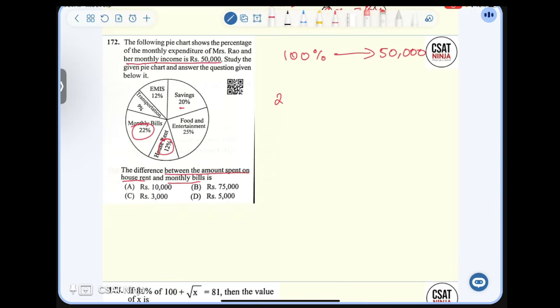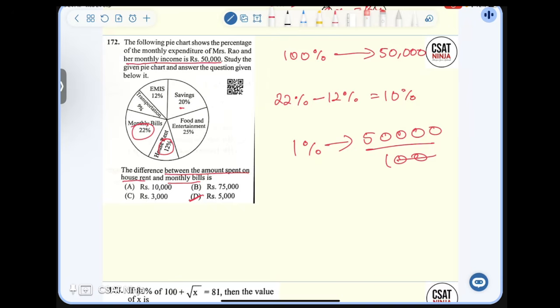So 22% minus 12% will give me how much? 10%. So without calculating also, what's the 10% of 50,000? If you get a salary of 50,000, then your 10% will be 5,000, just by the 10 percent approach. 100% is this one, which means 1% is 50,000 divided by 100, that is 500.